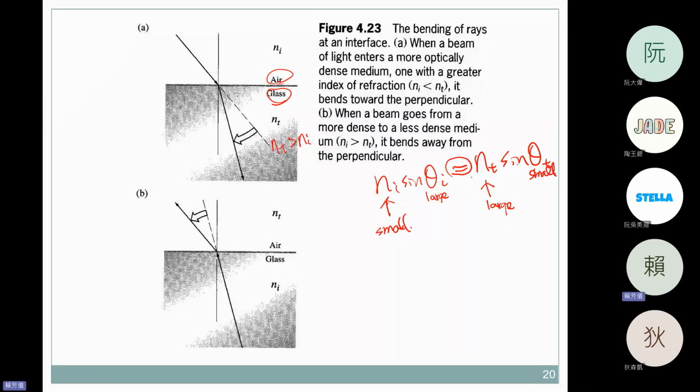Because of the equation. So you will see here, theta I is larger than theta T.